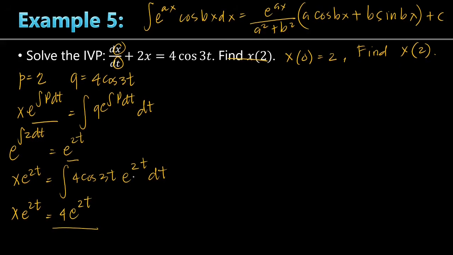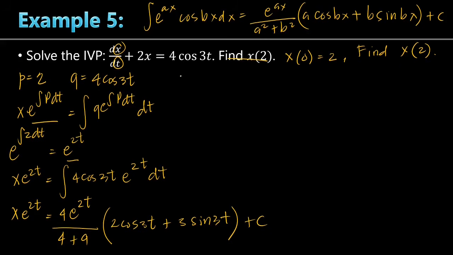The a is 2, so a squared is 4, plus b is 3, so b squared is 9. And then a is 2 cosine 3t plus b, so 3 sine 3t, and then plus c. So this is now our integral.